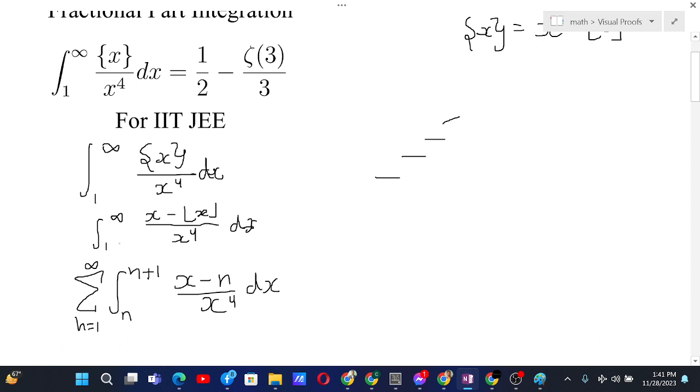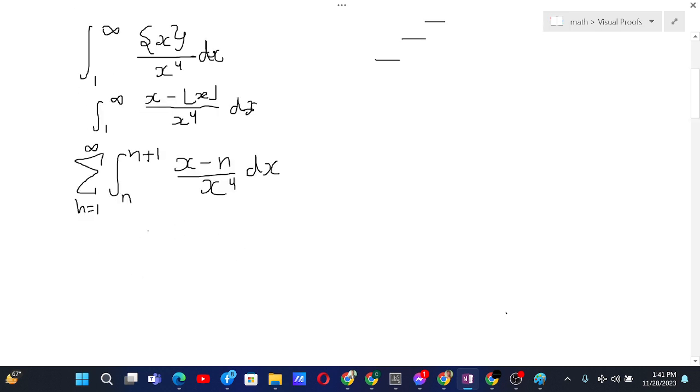Even if we didn't have n here, this just implies that we are integrating from 1 to 2, 2 to 3, 3 to 4. That's just the summation property of integrals, and we can have n here due to the discreteness. It's really useful to be able to use this property.